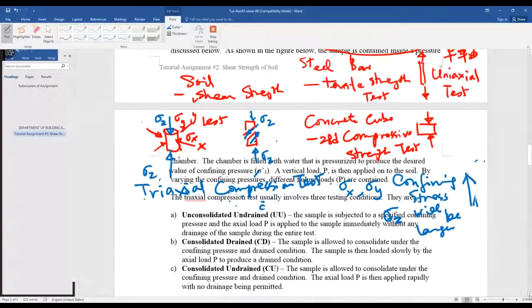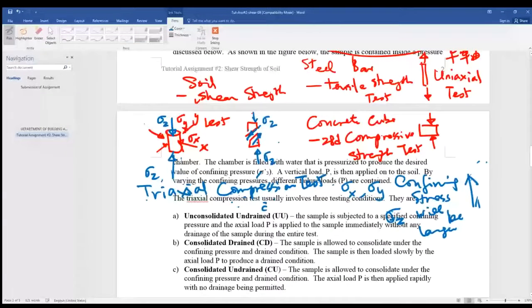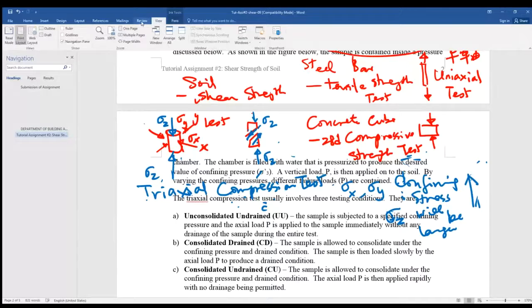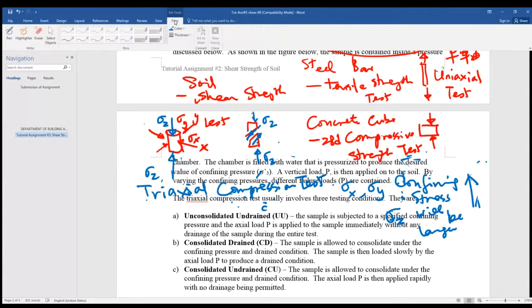The larger sigma z will be required to cause failure.